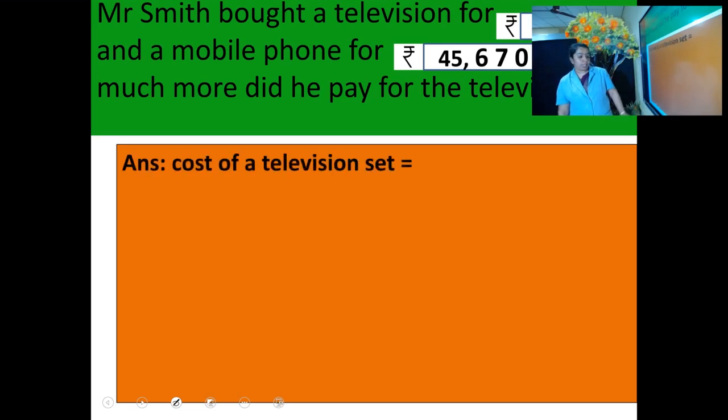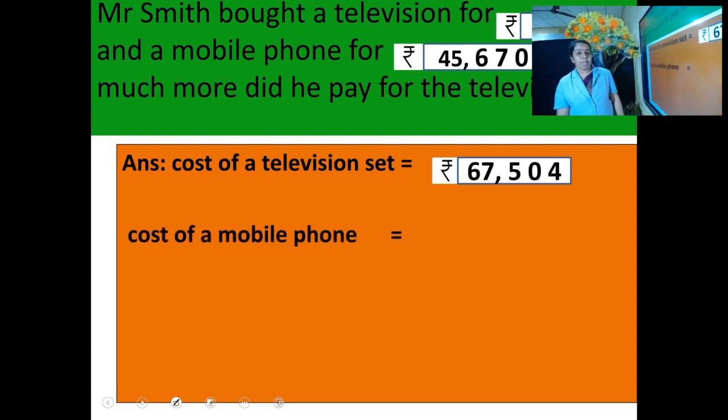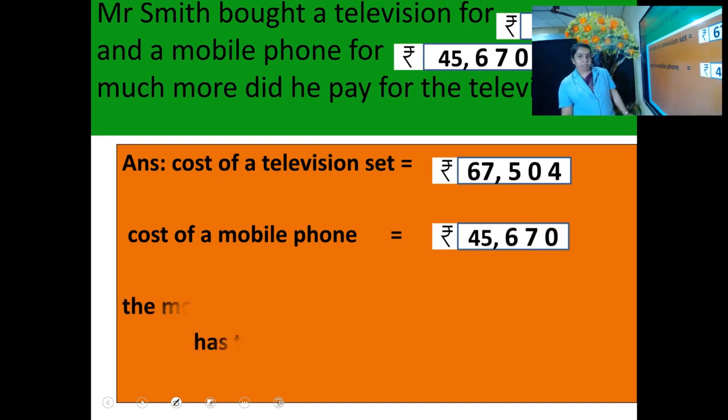Cost of a television. How much? Rupees 67,504. Second step, cost of a mobile phone. How much? Rupees 45,670. Then what will be the third step? How much more?